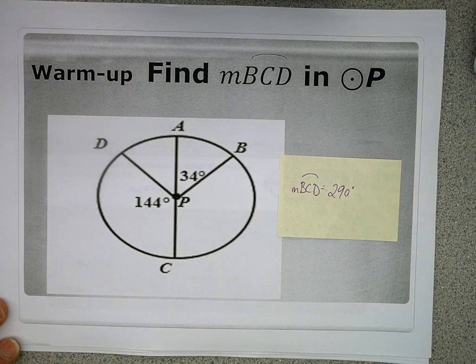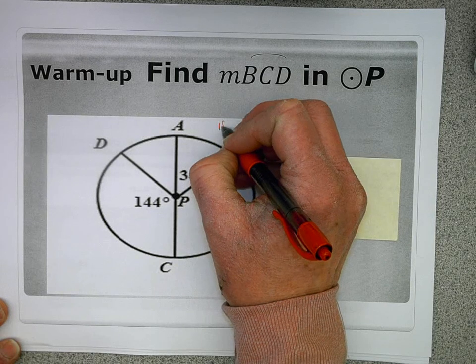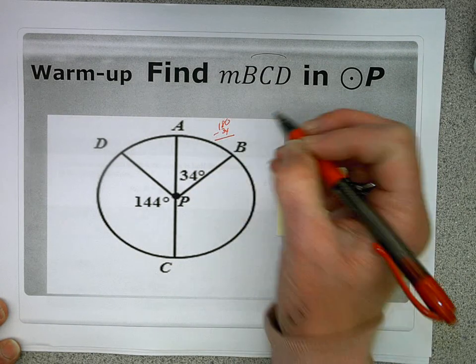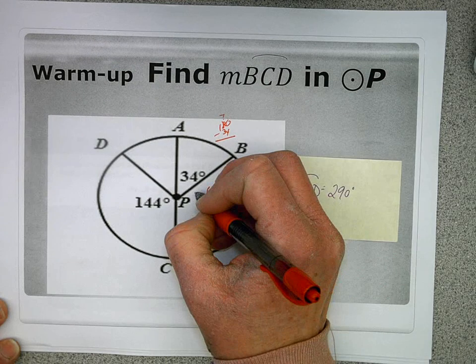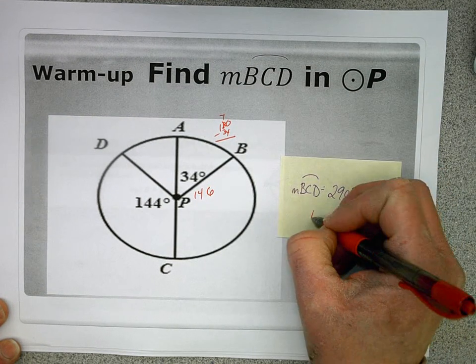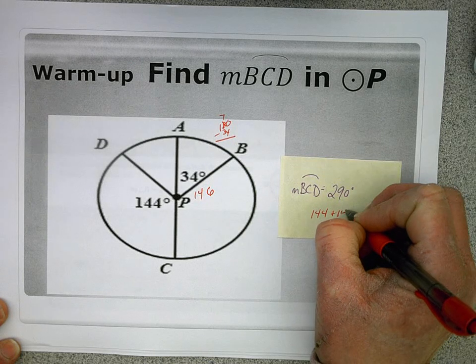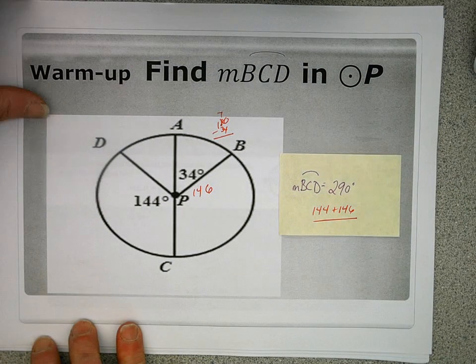This is 34, so if you go 180 minus 34 degrees, that should give you 146. And so you can add 144 plus 146 to get 290. There are other ways to do it, but that's how I did it.